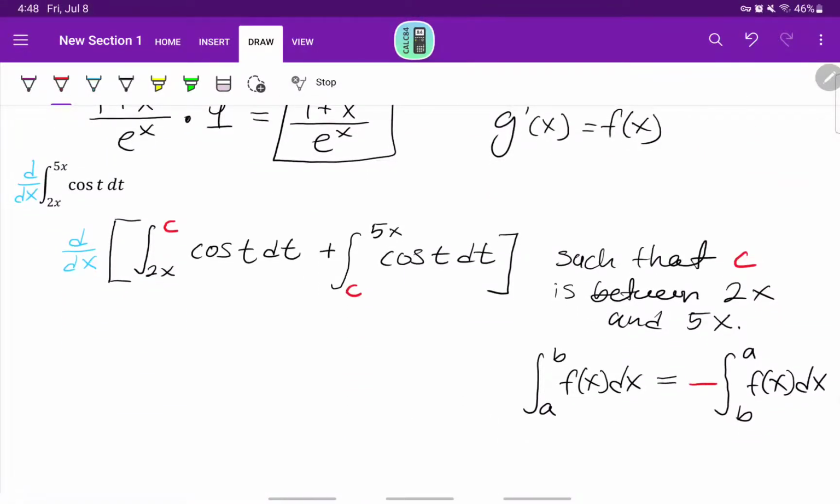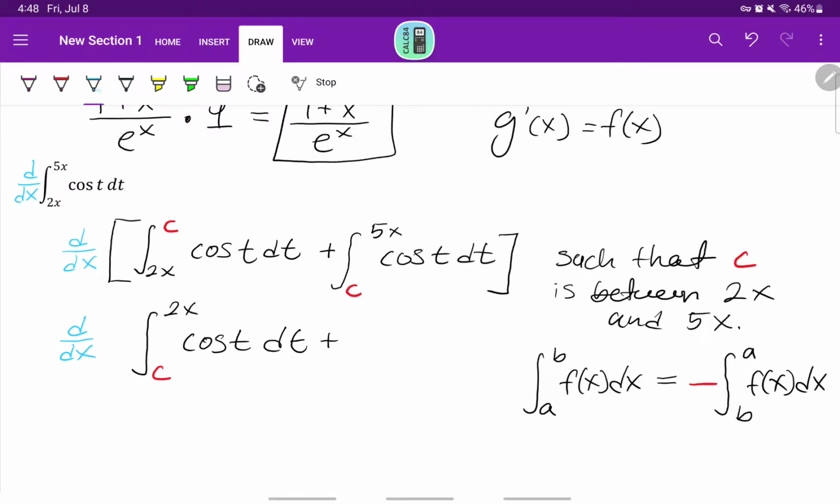So what I'm going to do is I'm going to take my derivative and I'm going to flip the integral sign for the first one. So that's now going from c to 2x of cosine of t dt.